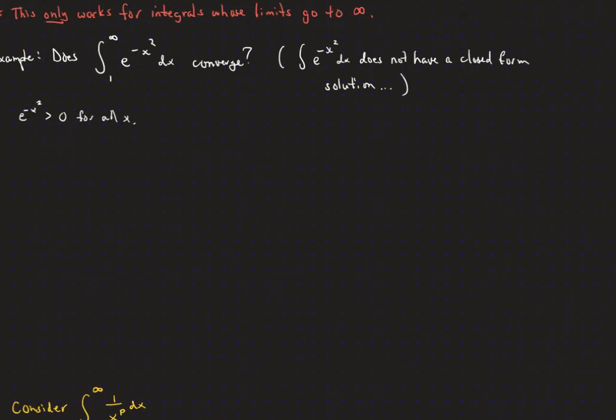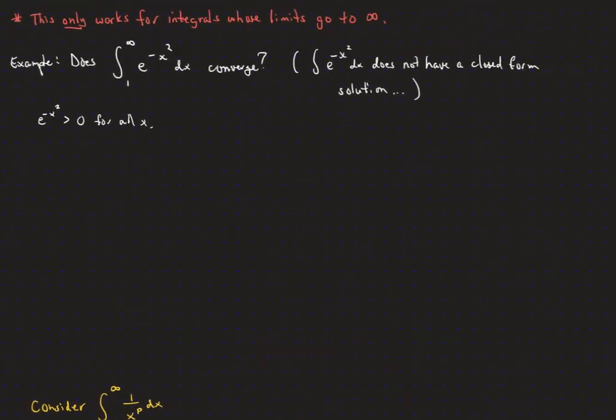Now the next part is the really hard part: how do you decide what to compare it to? We want to compare it to an integral that we actually know how to do. In this case, e to the negative x squared is a decay function, but e to the negative x, which is something we can actually do, will approach 0 not quite as fast as e to the negative x squared.